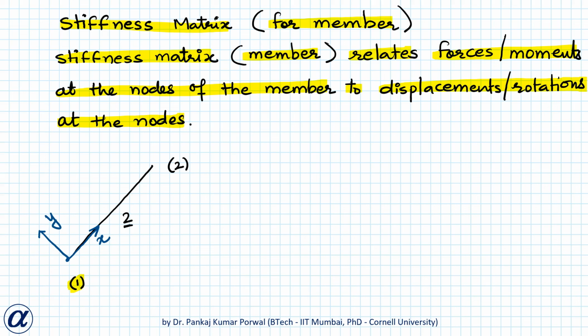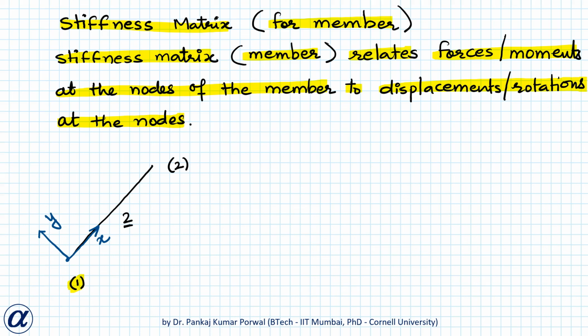And note that here we are considering a truss member. Truss members are special members in the sense that they only support axial force. So we can only have either tensile or compressive forces on this member, and correspondingly we can have axial deformations in the member.